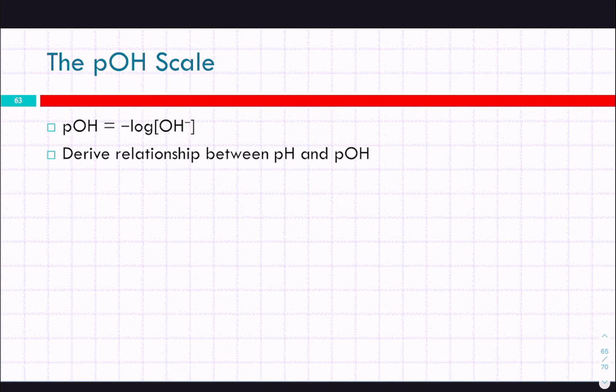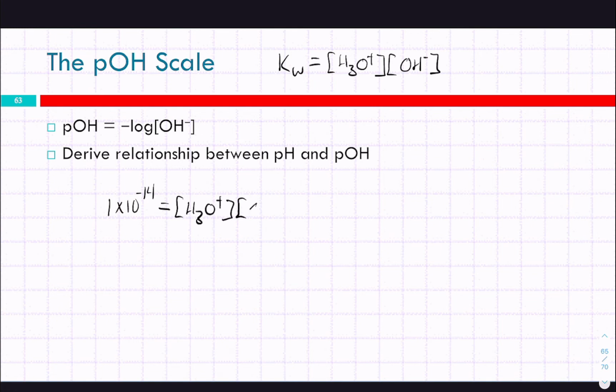So if you remember, we had that equation for the autoionization of water, H3O plus, OH minus. So we can take this, we can actually derive a relationship between pH and pOH. So Kw is 1 times 10 to the negative 14 equals whatever our concentration of H3O plus is times our concentration of OH minus.